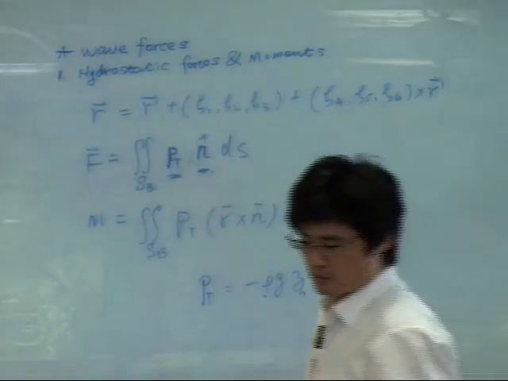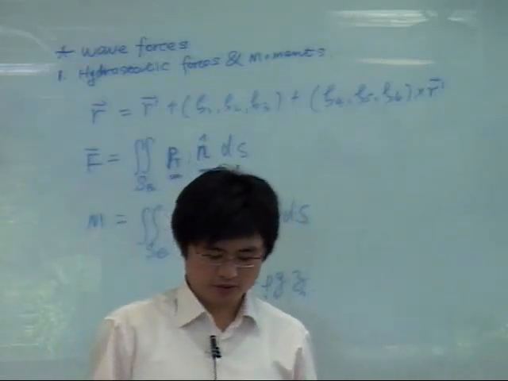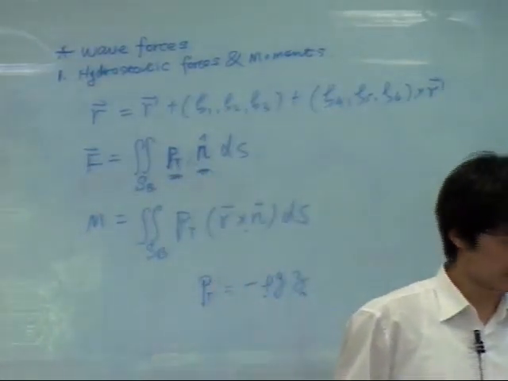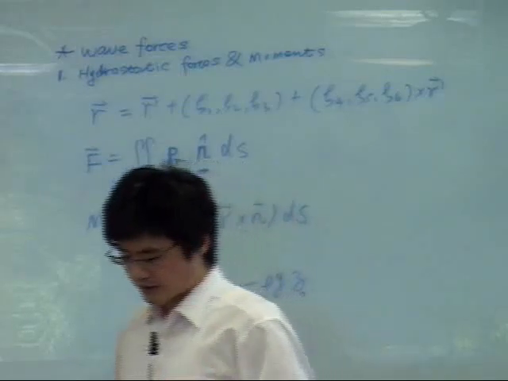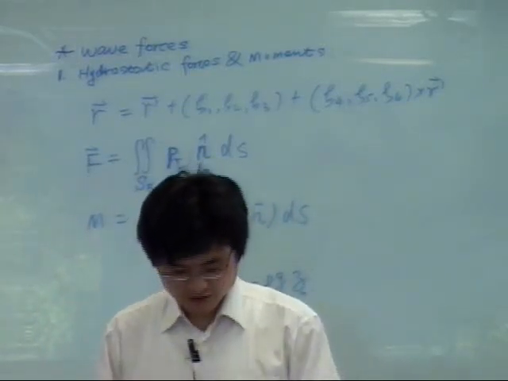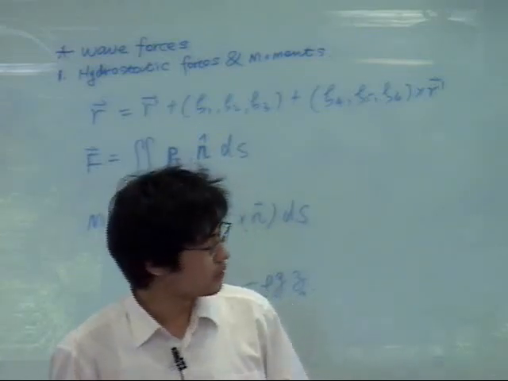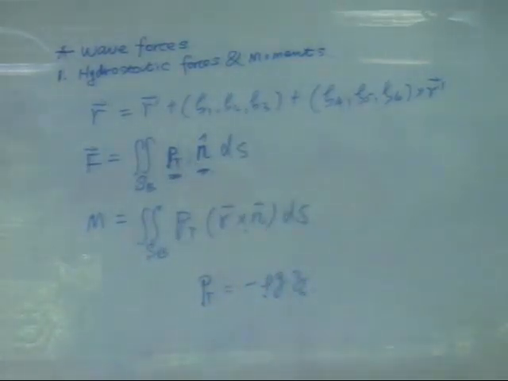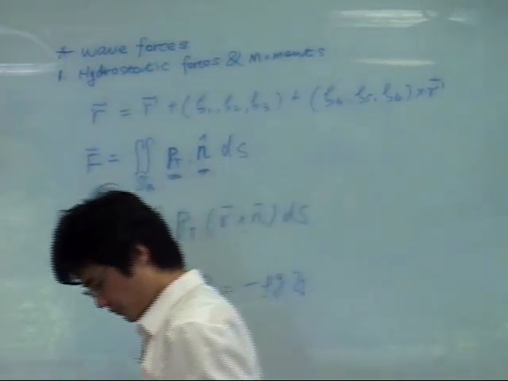But this is for small motions. If we have large motions, this approximation does not provide accurate enough results. We have to track this surface area, which is a very hard problem.